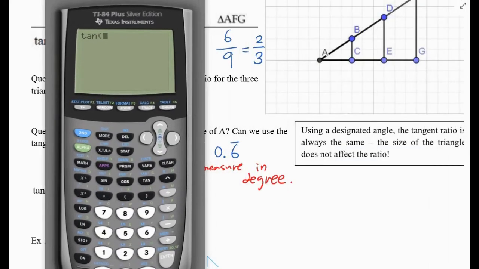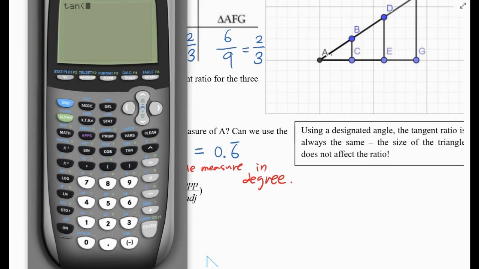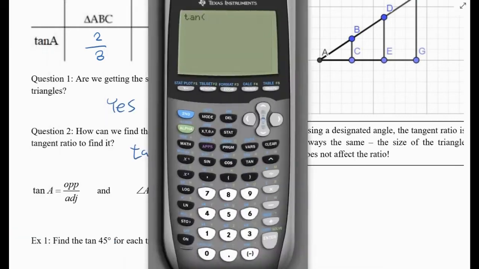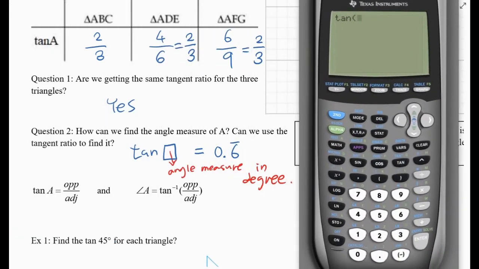If you look at this angle, can you guess the angle measure? It looks like 30 something degrees. So I'm going to try 30 degrees first.